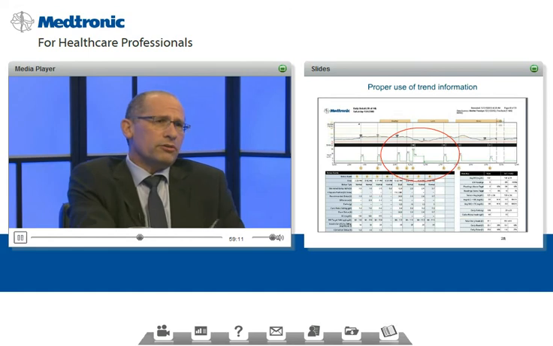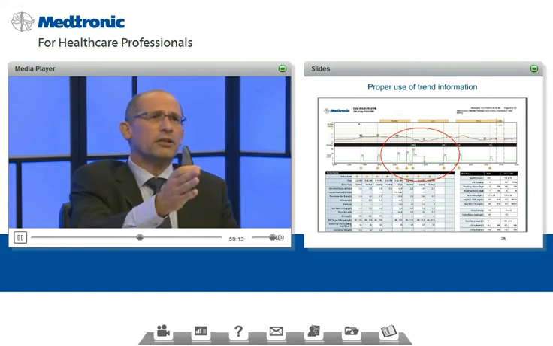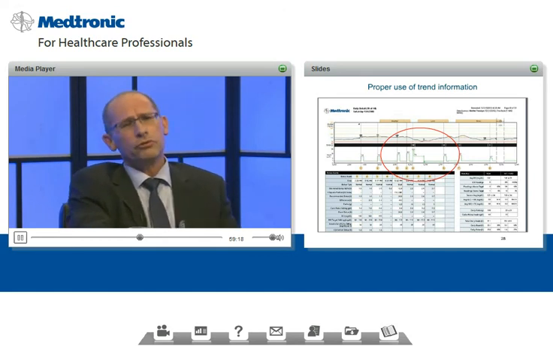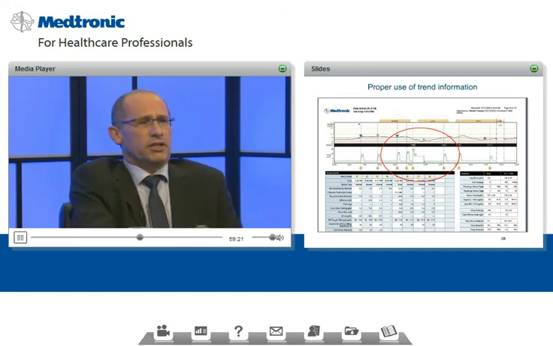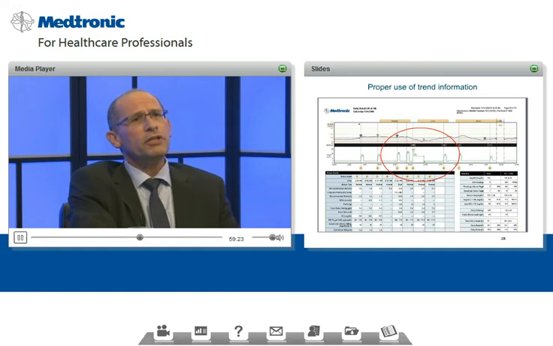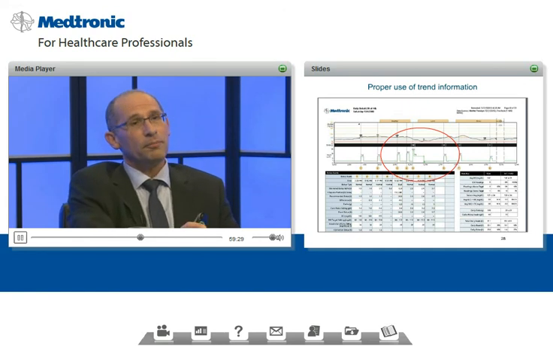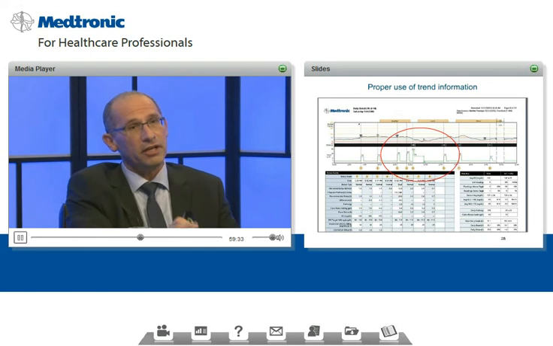Because in the past, he used to look at data in a single way. Let's say he has 10 millimoles, and then he does what he has to do with 10 millimoles, to do a correction or not according to his plan. But now he knows that he has 10 millimoles, and he also knows that the 10 millimoles has a direction. It's either going up or it's going down. This will change the way that he treats the single number according to what the trend is.